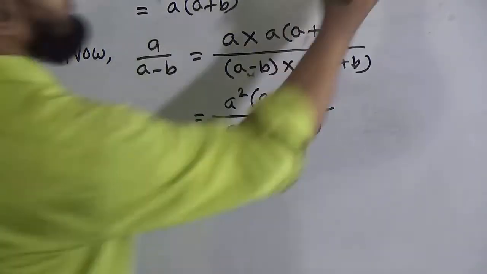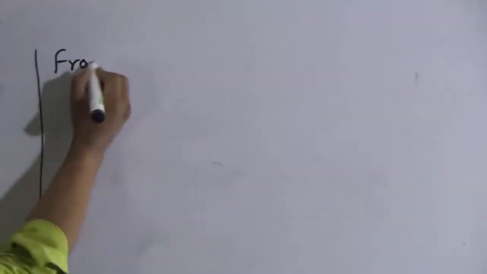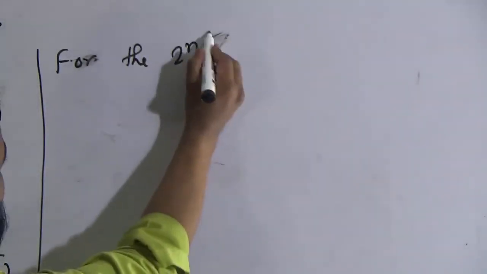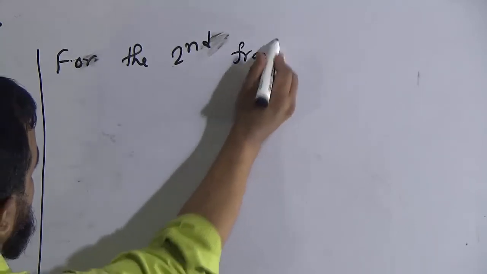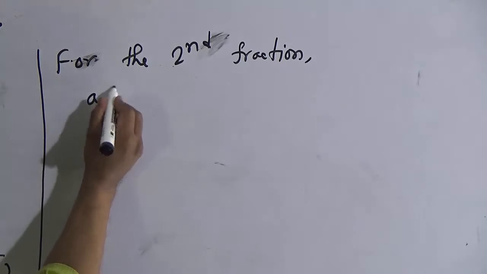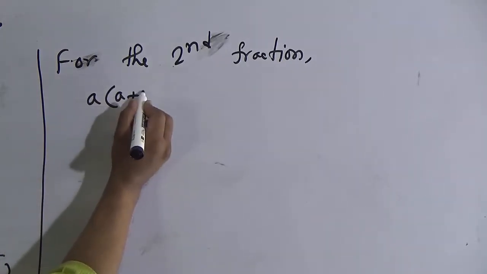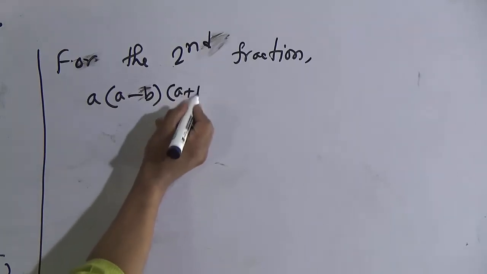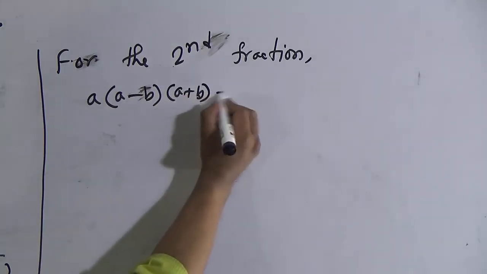Now for the second fraction, we need to divide the LCM, a into a minus b into a plus b, by the second fraction's denominator.